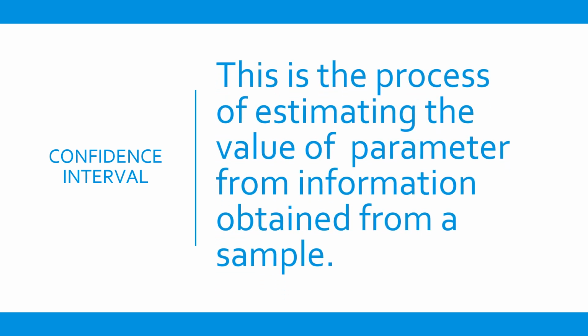This is the process of estimating the value of a parameter from information obtained from a sample. It is the interval estimate of values used to estimate the parameter. Tinutukoy nito ang boundary ng hawak nating data, kung saang value mag-start at hanggang saang value matatapos.